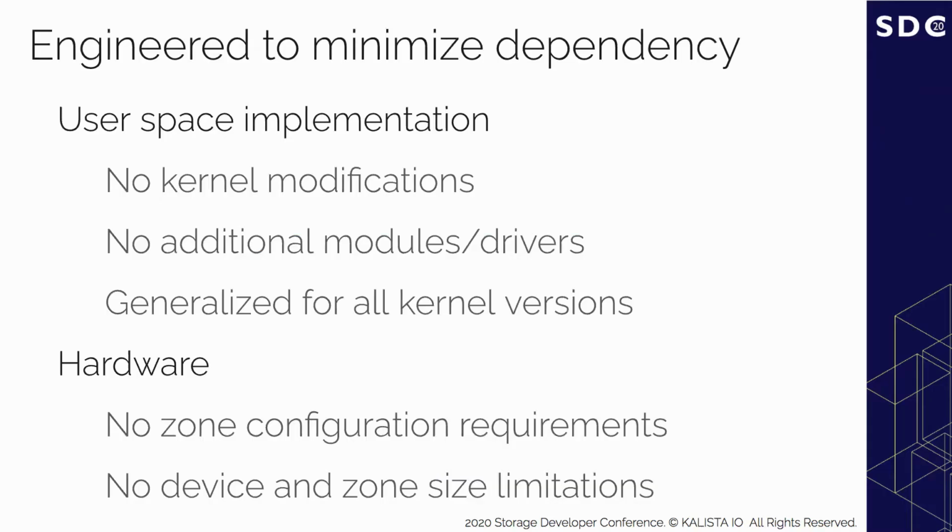We then made sure that Phalanx can be deployed with minimal dependency and limitation. We implemented Phalanx to be adaptable to different kernel versions and to have no hard-coded assumption on device and zone configuration. This means you can run Phalanx without needing to check or change kernel versions, nor install additional modules.